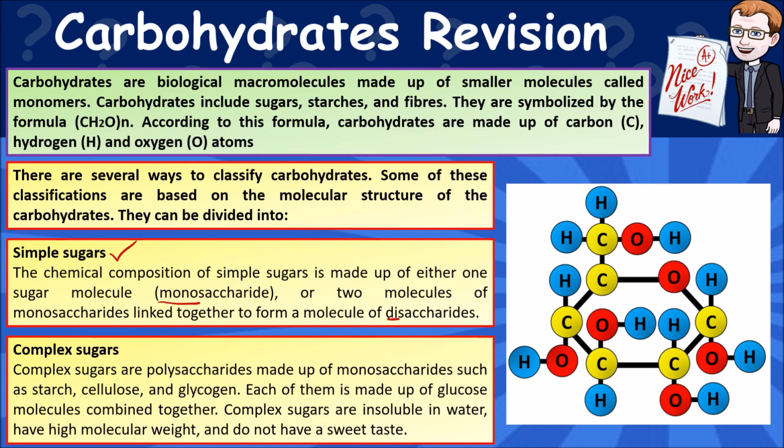Complex sugars are polysaccharides, poly meaning many, which are made up of monosaccharides such as starch, cellulose, and glycogen. Each of them is made up of glucose molecules combined together. Complex sugars are generally insoluble in water, have a high molecular weight, and don't taste sweet.